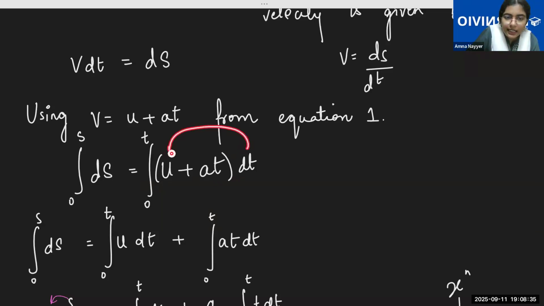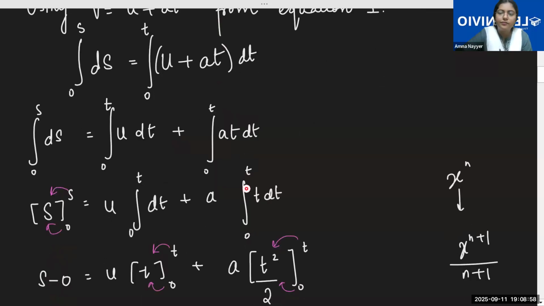Now multiply dt inside so that you can separate the terms. So ds is equal to integration from 0 to t of u dt and integration from 0 to t of at dt. Basically, I have multiplied it and separated it so that the integration is a little clear and visible to us.